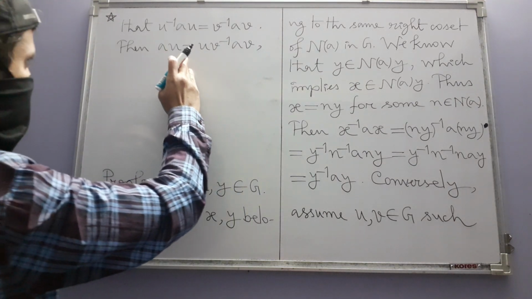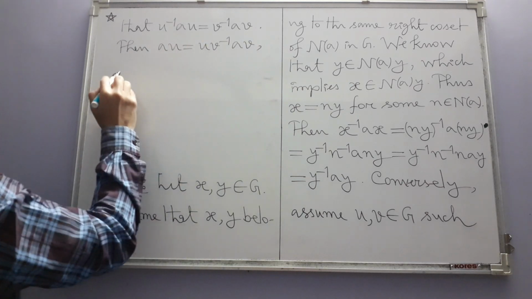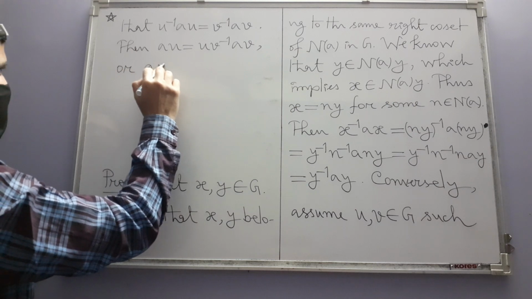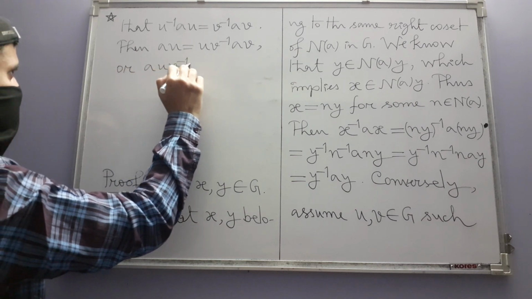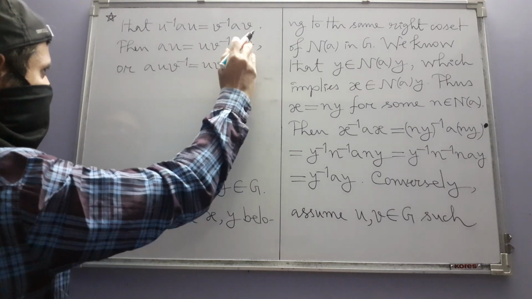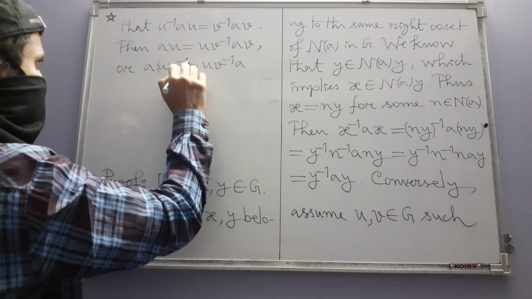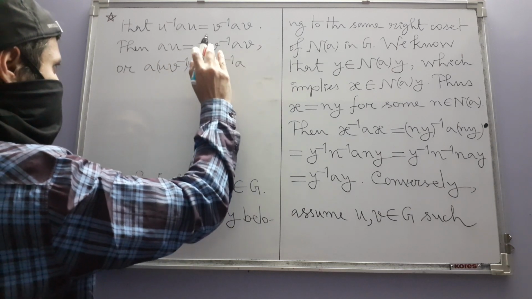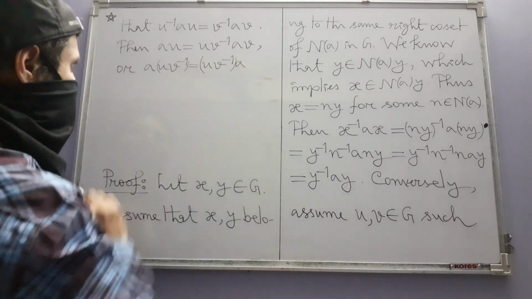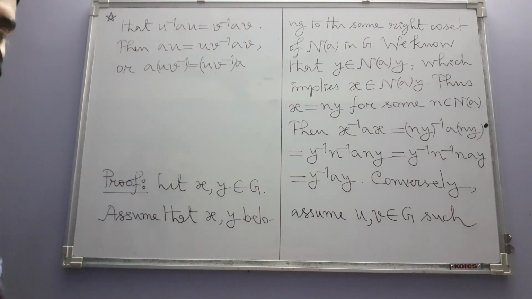Now you multiply on both sides by v inverse from the right. That gives you A u v inverse equal to u v inverse A, because this v and v inverse will cancel each other. Now you look at this.